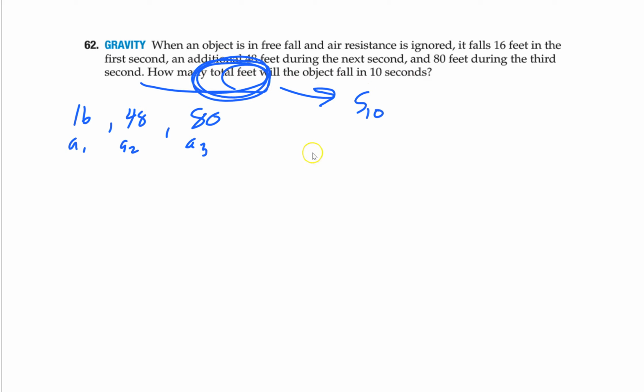Now again, this is one where you can use my favorite formula, right? So S10, there's two formulas for it. N over 2 times A1 plus AN, or my baby, N over 2 times 2A1 plus N minus 1 times D. Now you have two formulas here. Look what you have though. I have A1 is 16, A2 is 48, A3 is 80. I don't have AN.